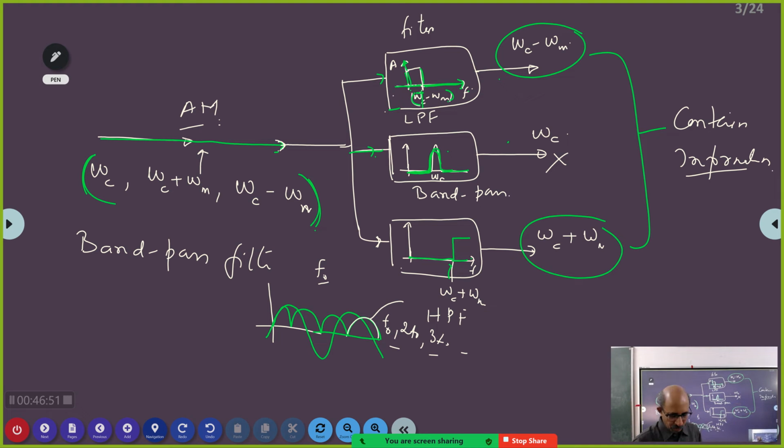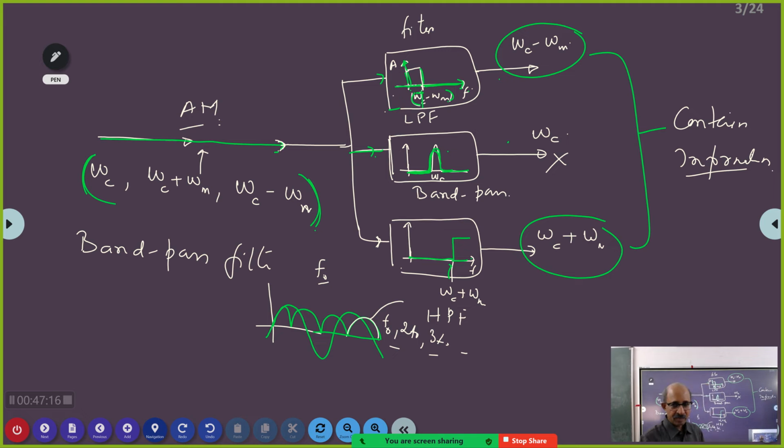What I want you to understand is that you are generating a composite signal by a process, and that composite signal consists of only three frequency components. That means it has three separate frequency components, and the sidebands contain information.